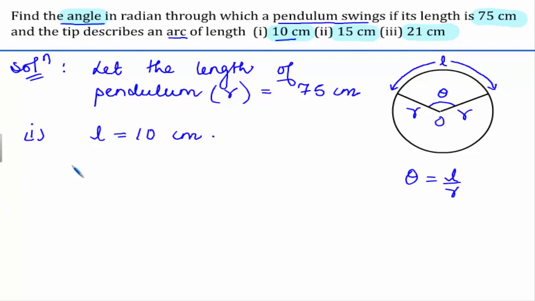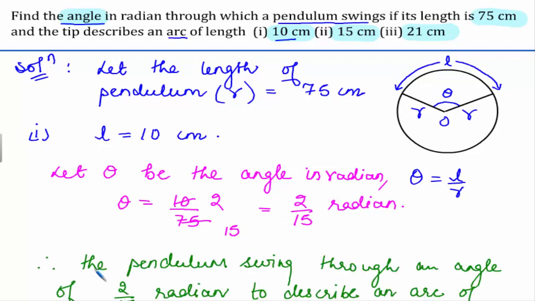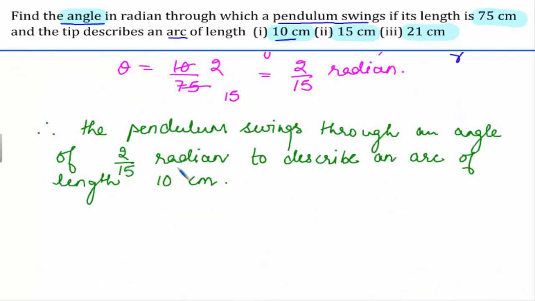So let theta be the angle in radian. So this implies theta is equal to L divided by R, and L is 10 and R is 75. On simplifying, this comes equal to 2 upon 15 radian. Therefore, the pendulum swings through an angle of 2 upon 15 radian to describe an arc of length 10 centimeters.